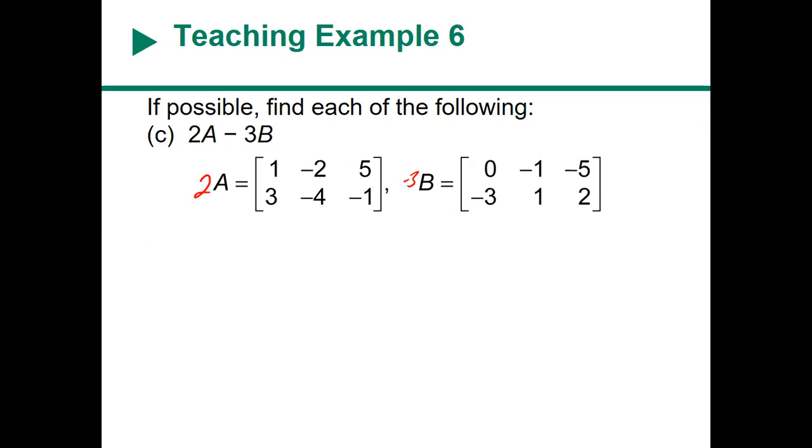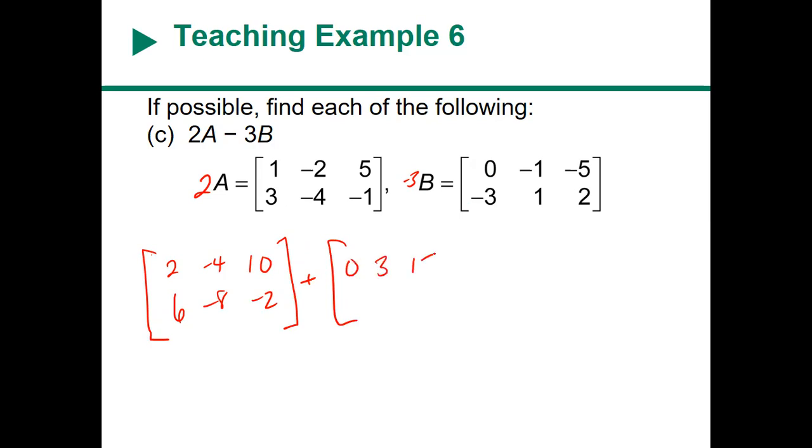Make sense? All right. So my new matrix for A is going to be 2, -4, 10. Then we have 6, -8, -2. Yes? Plus my new matrix for B is going to be 0, +3, +15, +9, -3, -6.